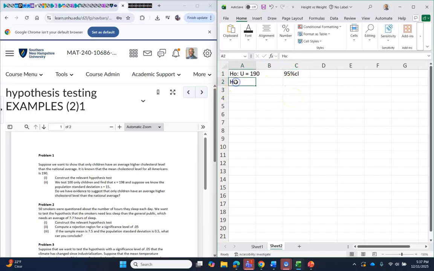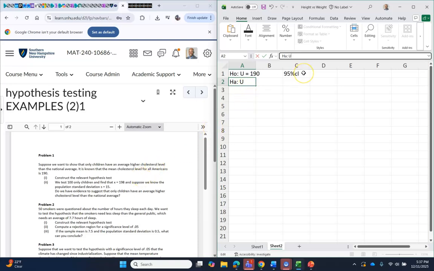Now the alternative interpretation means that we are going to have mu, which is the average of the large data, and now we are looking at the average being higher than 190. That's all we are trying to show.